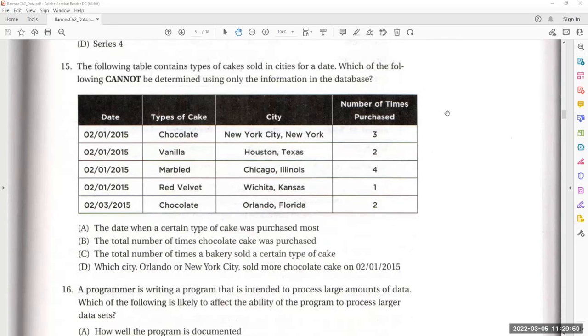See who is missing, where some data we don't have. C. Number 15, C. There's no information about which bakery, right? The keyword bakery we don't have. Okay, good. That's actually the right answer.